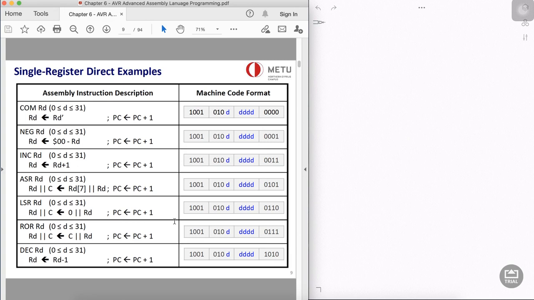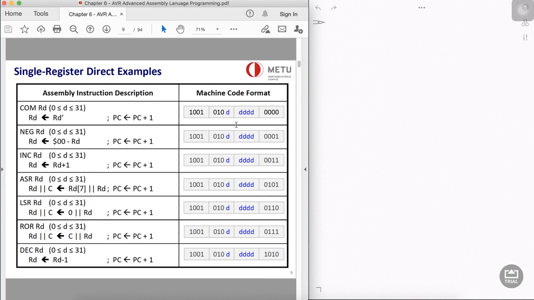Then we can see the examples related to single register direct: complement, negate, increment, arithmetic shift right, logical shift right, rotate right, decrement. These are just some of the examples. And as you can see again, their opcode starts with 10001 and their second part is also 010.